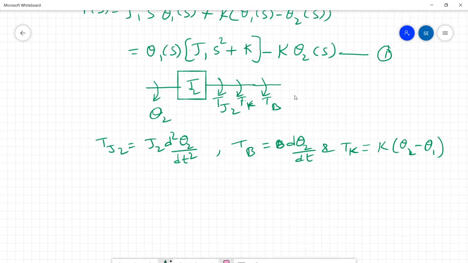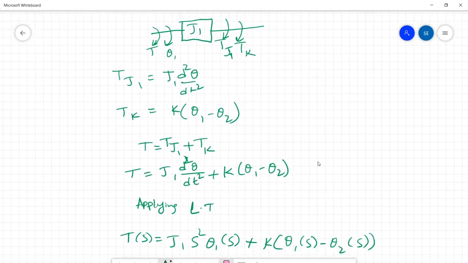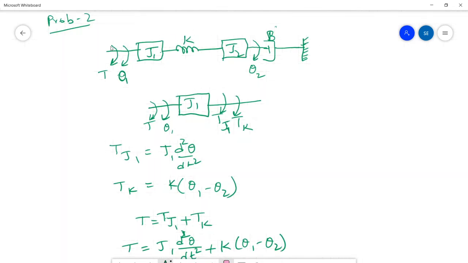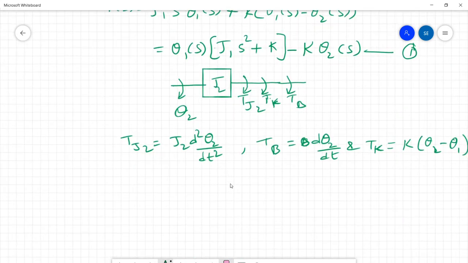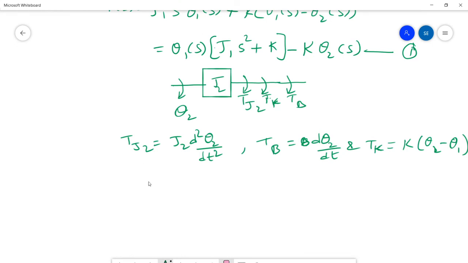Now there is no external torque here. If you observe the figure, the external torque is only for J1. There is no external torque for J2, so the left hand side will be 0. The overall torque is 0, equal to Tj2 plus Tb plus Tk.